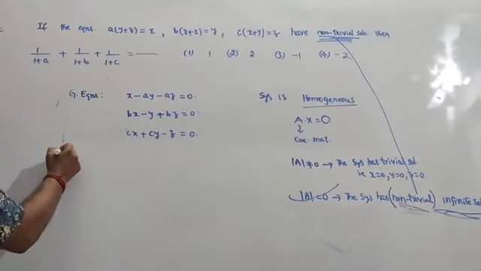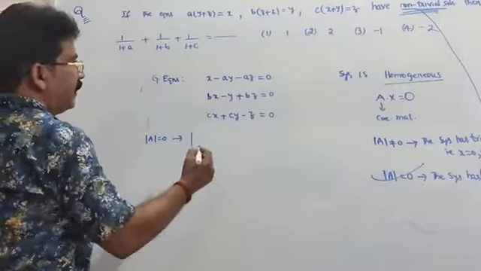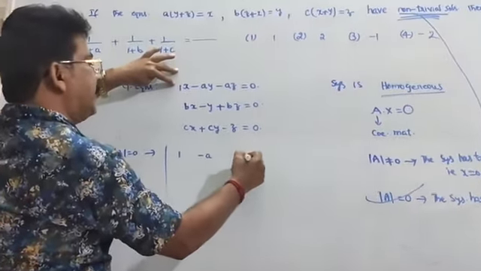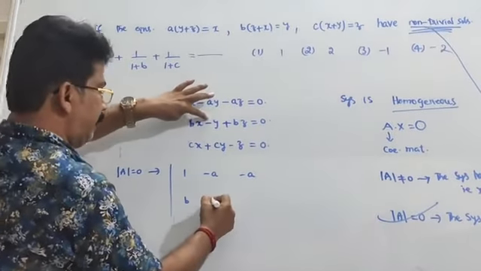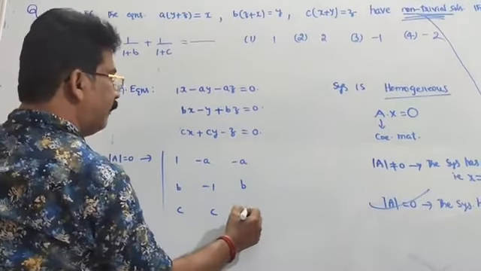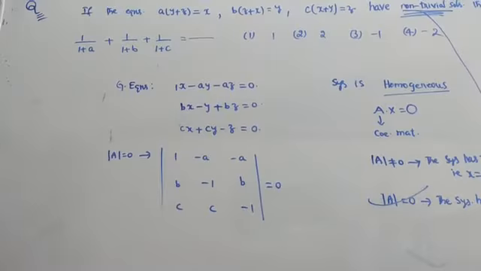So det A equal to 0 means the determinant of the matrix with rows 1, −a, −a; b, −1, b; c, c, −1 is equal to 0.